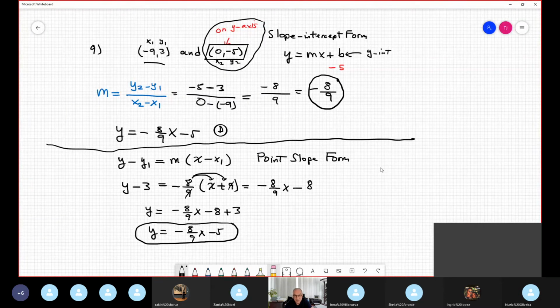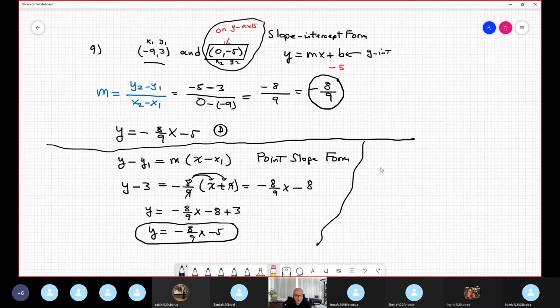Nice, super. And if you select, Noela or Giancarlo, another point, which is 0, -5, let's do it out of curiosity. Y minus y1, which is -5, so plus 5, is equal to the slope, -8/9, parentheses, x minus 0.